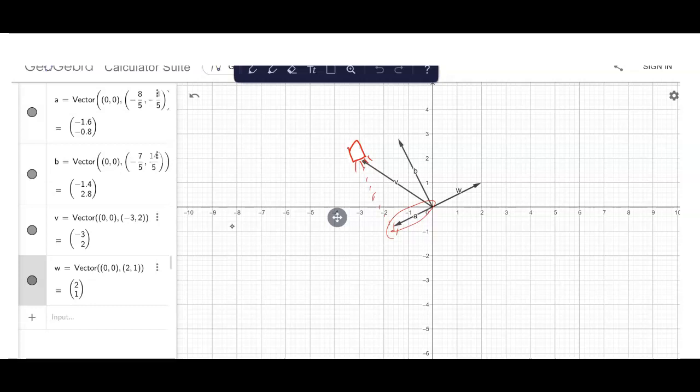The definition of parallel means it's a scalar multiple of W. So there's my parallel vector, and then my B vector has to be orthogonal to A, and you can see how it's going to be orthogonal to A. And by default, it's going to be orthogonal to W also, because A and W are just scalar multiples of each other. So that's what we found. Vector A is going to be parallel to W, in this case in the opposite direction. Vector B is perpendicular to W.